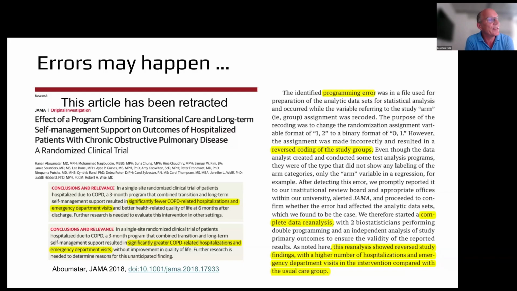Actually, a nice aspect of this study is that they actually asked two biostatisticians to do the whole analysis of the paper in parallel, independently. And those biostatisticians, of course, detected that one error, but they also detected another error in a secondary outcome.